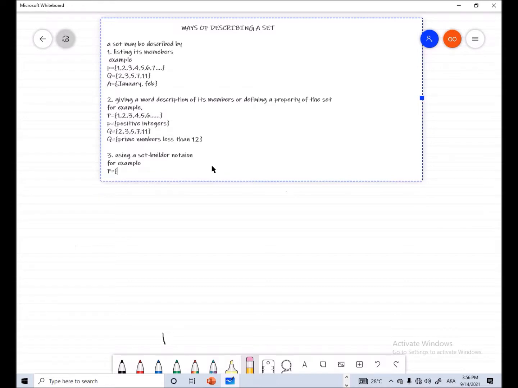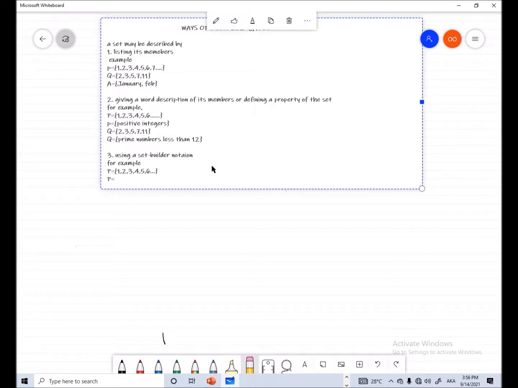The set P that we wrote: 1, 2, 3, 4, 5, 6, then we bring our dots, meaning that it continues. All right, so this is how we do it.